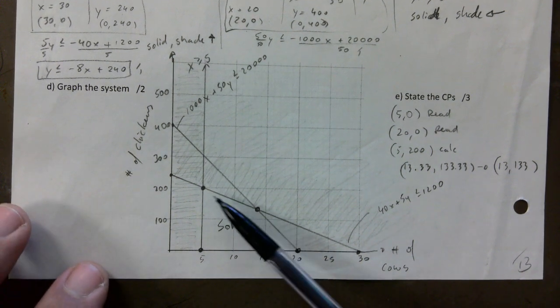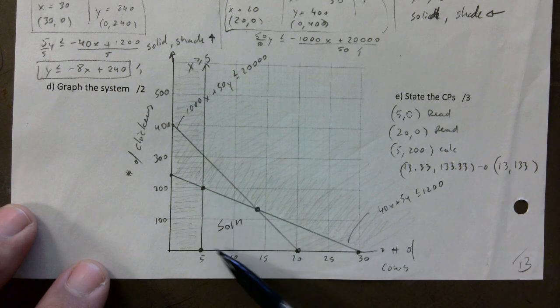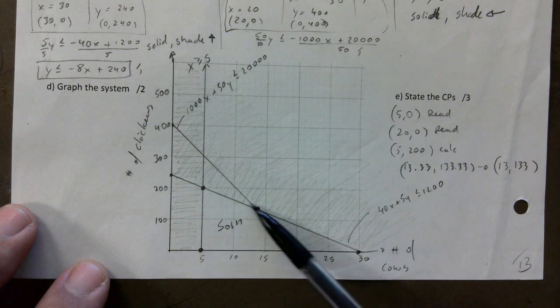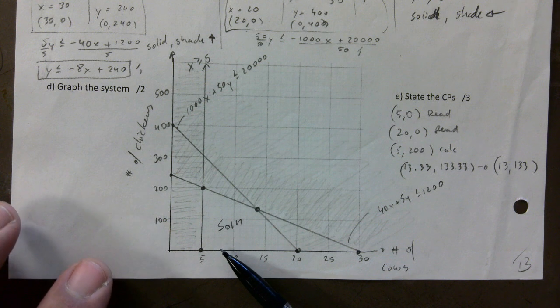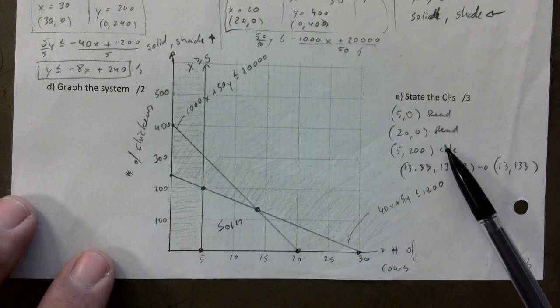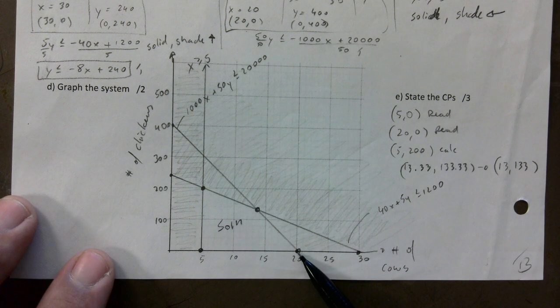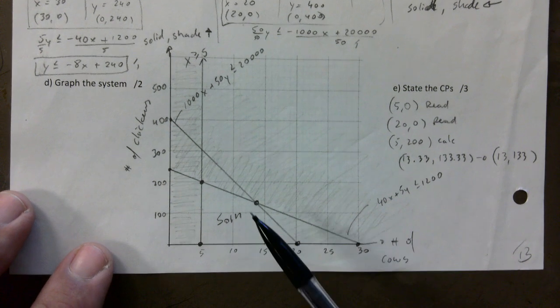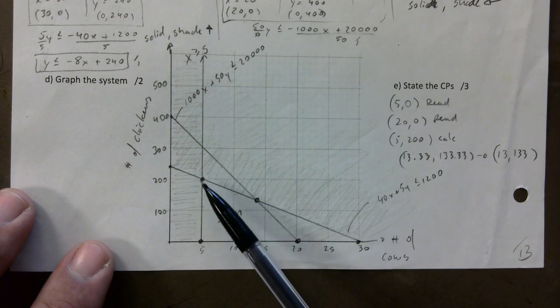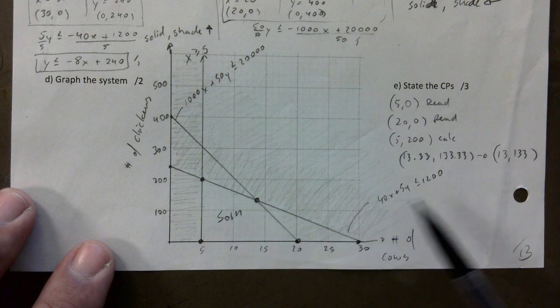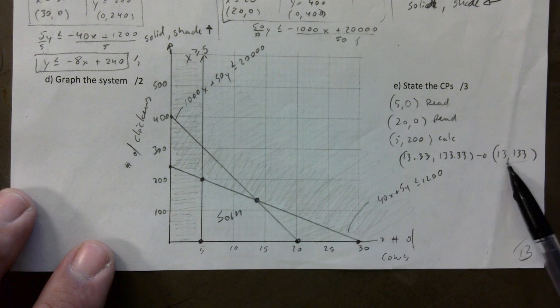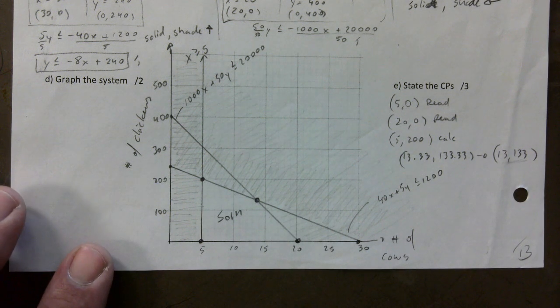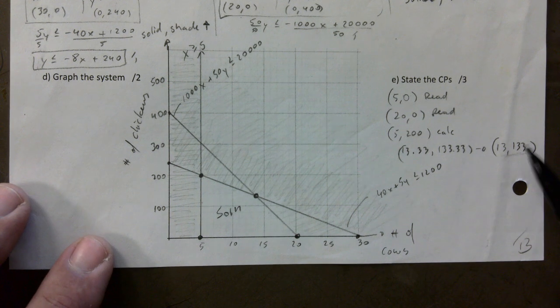And so the solution region ends up being this polygon down here, if you do this correctly. And then you read off the corner points. I can read this, I can read that. These two you need to use your calculator for. And you need to round because we're talking discrete. So I was looking for values rounded to whole numbers there.